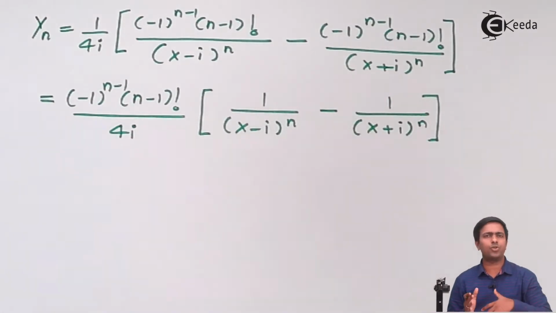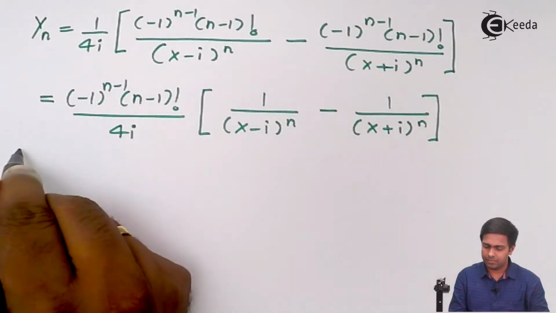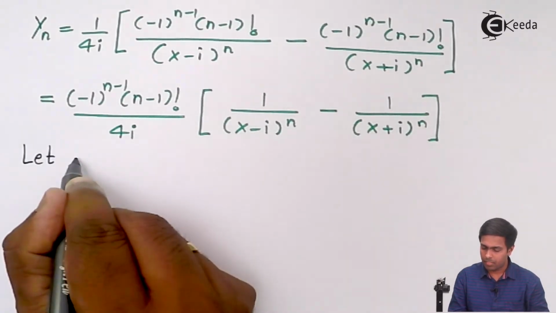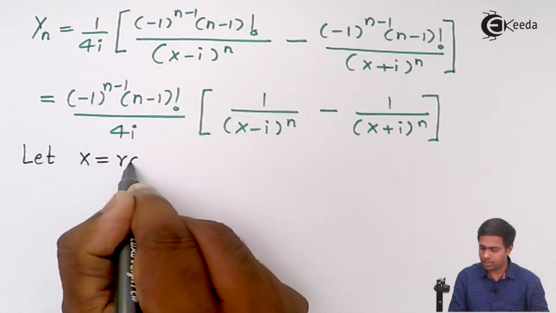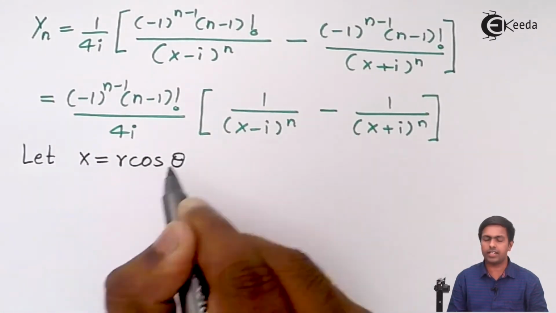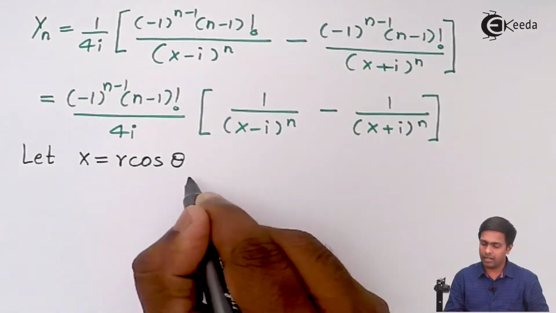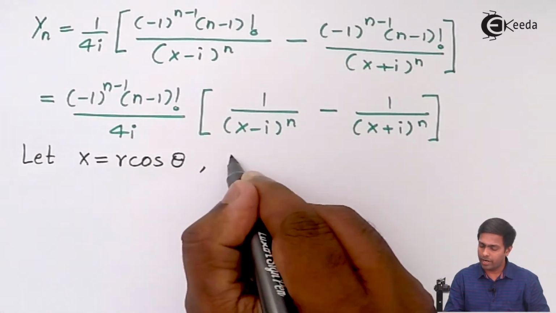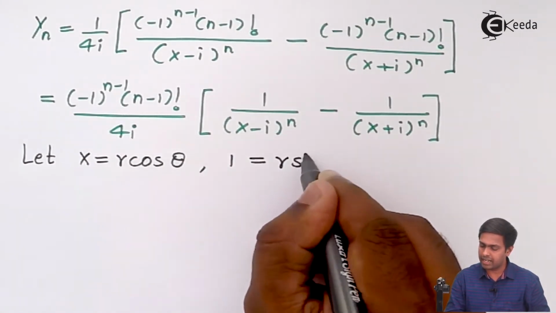So to convert this into the polar form, I will assume the real part as r cos theta and the imaginary part as r sin theta. So here I'll say let x equal to r cos theta, because here x is the real part, and 1 equal to r sin theta.